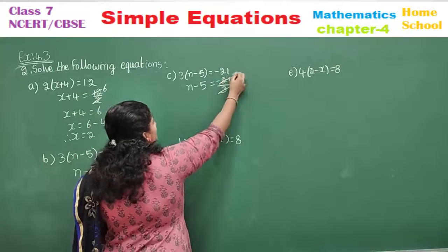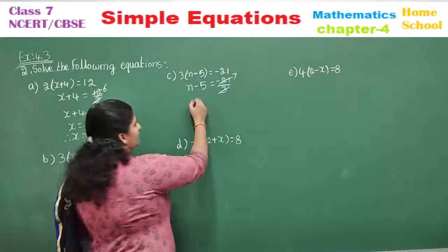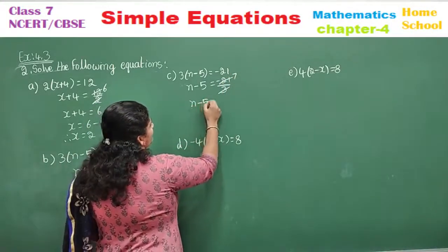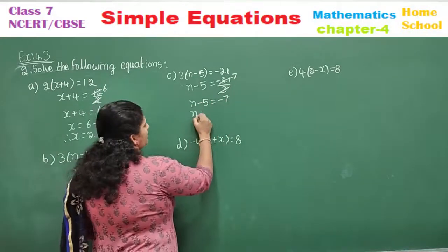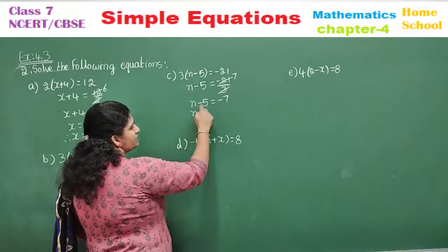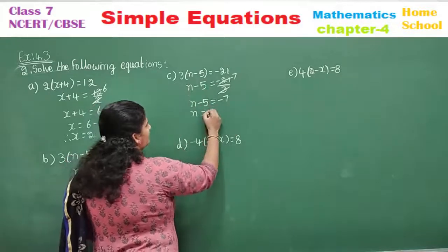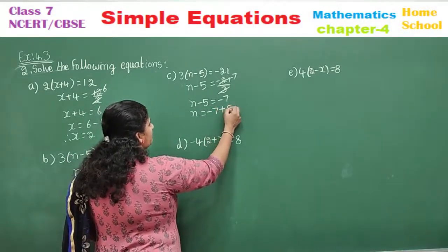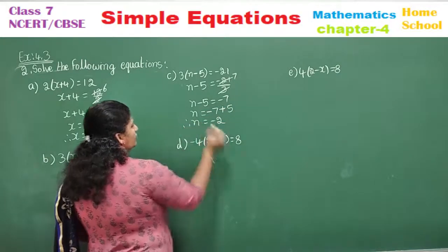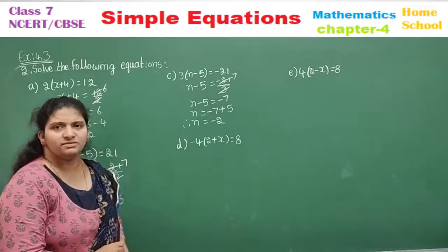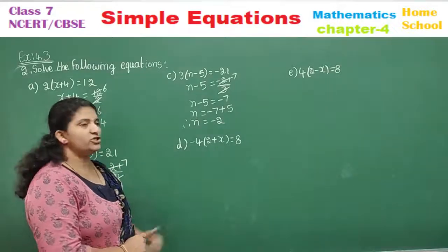Cancel. 3 7s are 21. n minus 5 is equal to minus 7. n is equal to, now this minus 5 transposed to the other side, minus 7 plus 5. n is equal to minus 2. Therefore, the n value is minus 2.